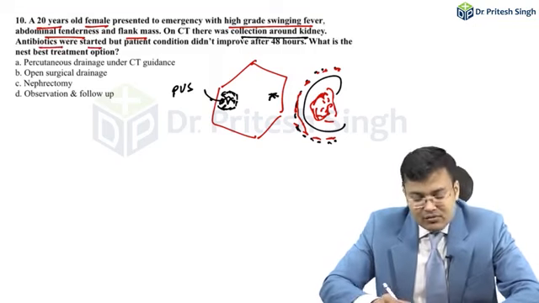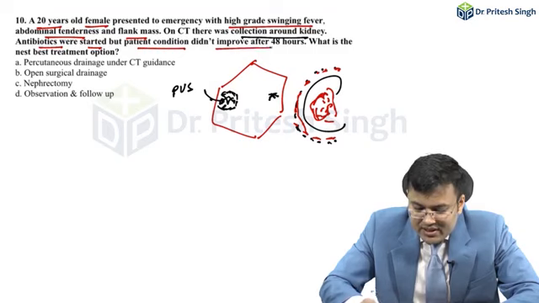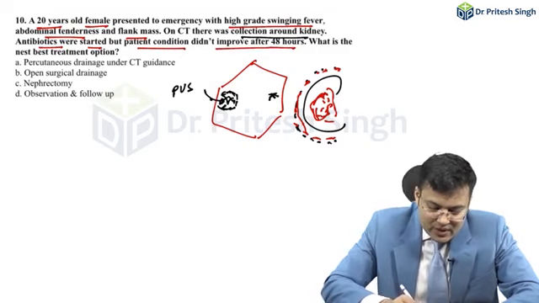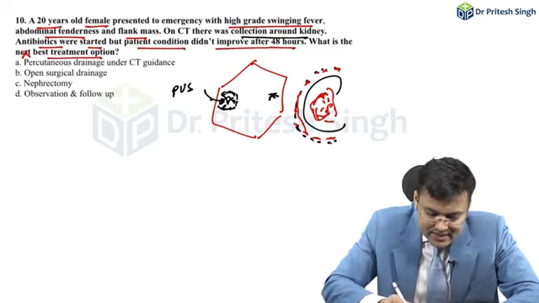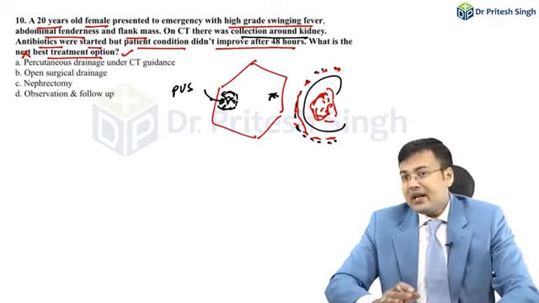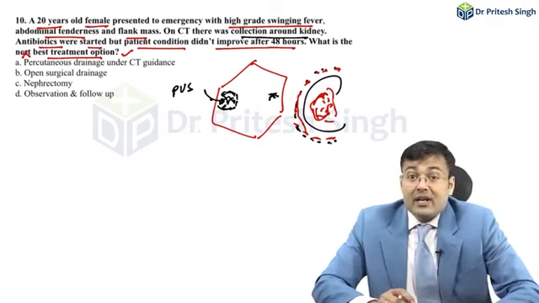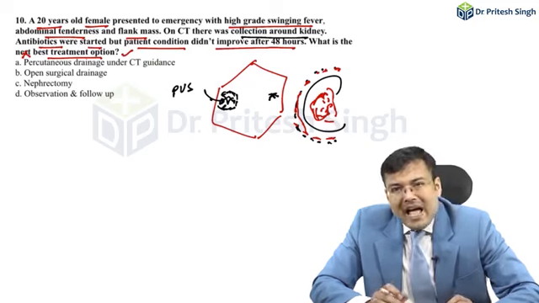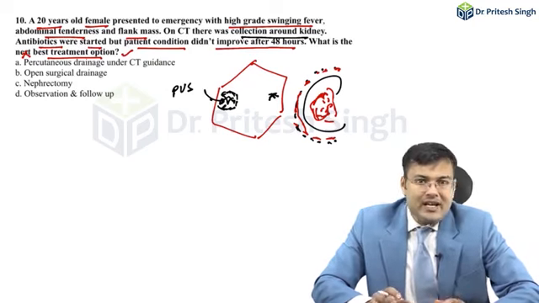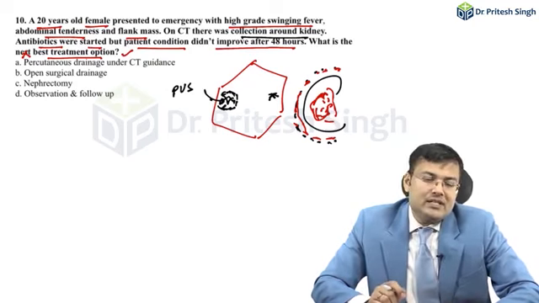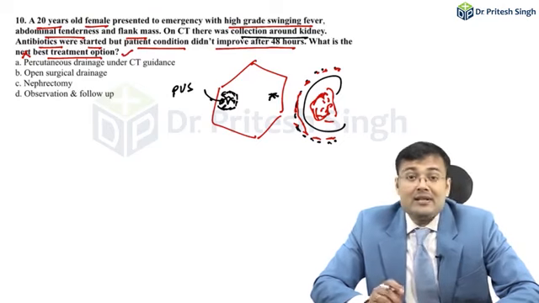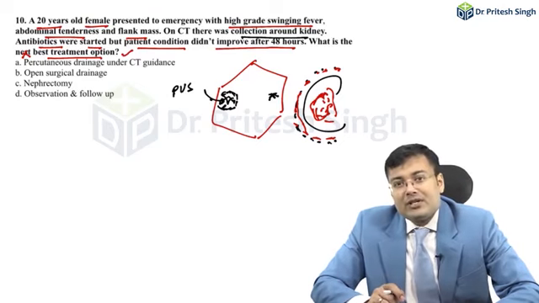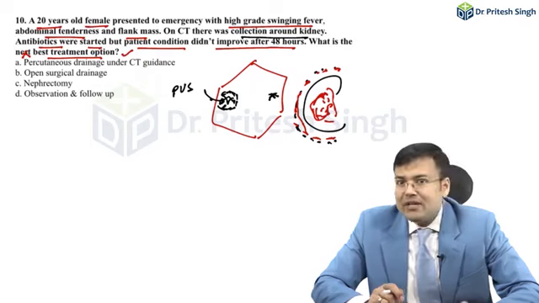Antibiotics were started. We have to start, but patient condition didn't improve after 48 hours. What's the next best treatment option? Now, I told you one simple logic that in cases of abscess or pus collection anywhere, there is fever with chills and rigor, there is local pain and tenderness. Treatment of choice is what? Incision and drainage with antibiotics.